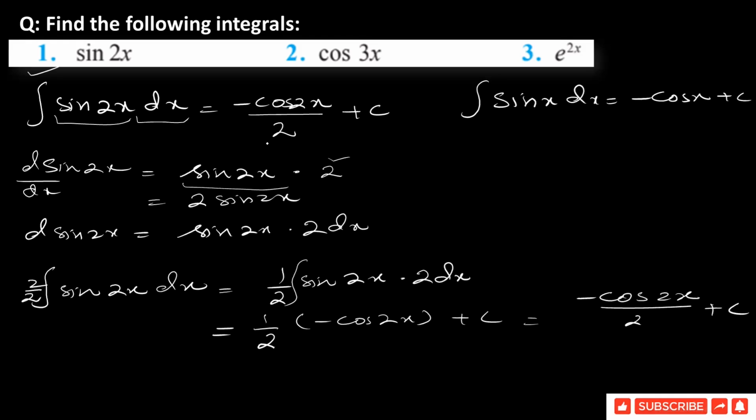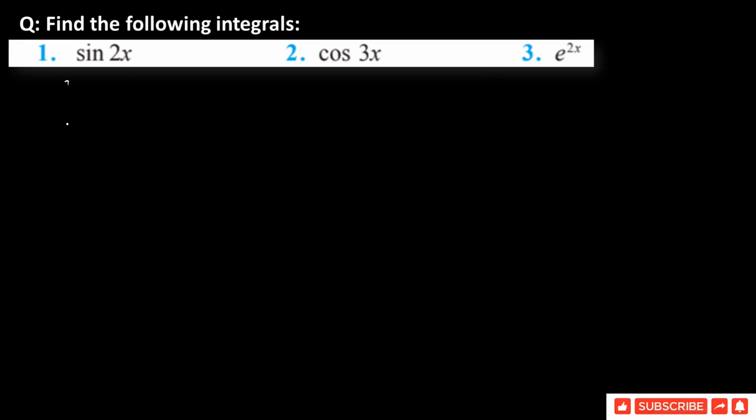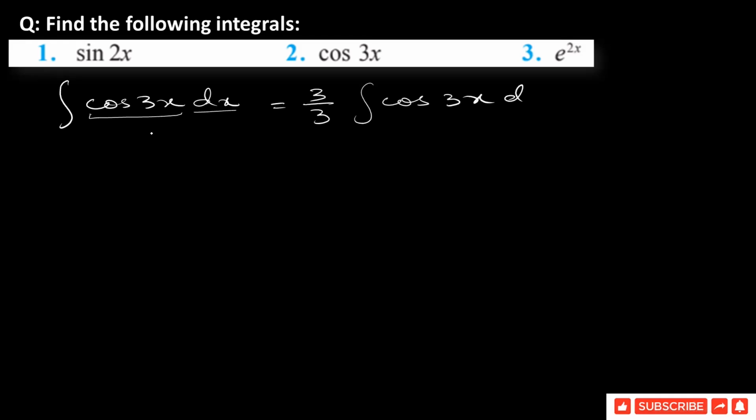We can do the same when we choose question number 2, that is cos of 3x. Same way, we write the integral of cos 3x dx. To make dx the derivative of cos of 3x, we rewrite it as 3 by 3 cos 3x dx, or 1 by 3 integral cos 3x times 3 dx.